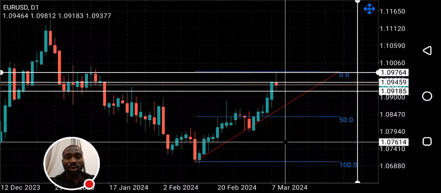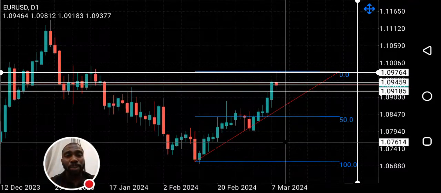If you're trading AU and EA, if you see a bullish pattern on AU and you see a bullish pattern on EA, there is a high probability that that setup will not play out. But when you see a bullish pattern on AU and you see a bearish pattern on EA, there is a high probability that that setup is going to play out.